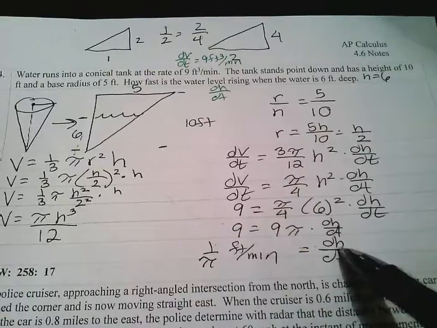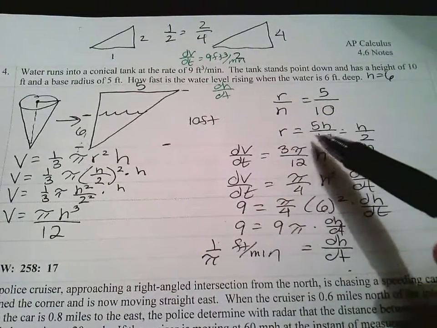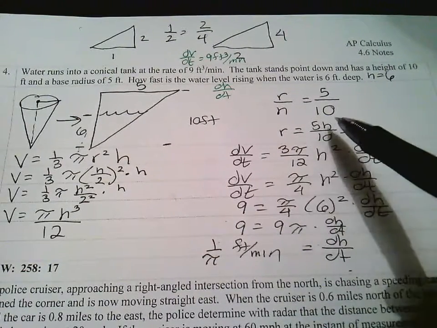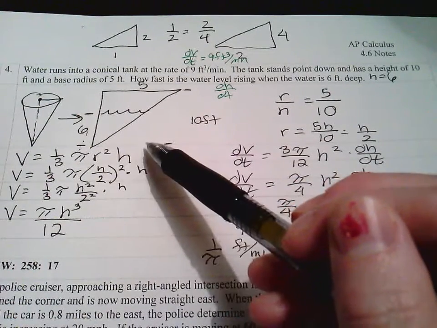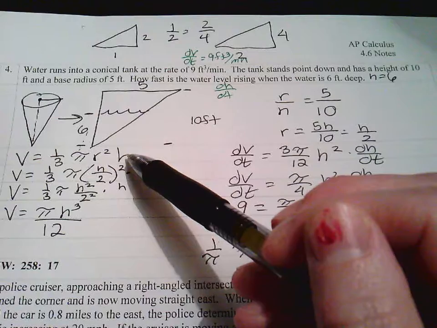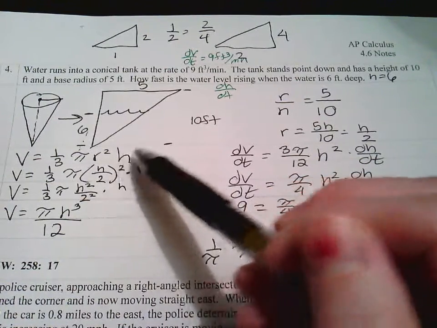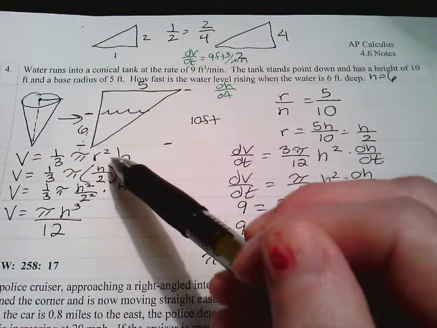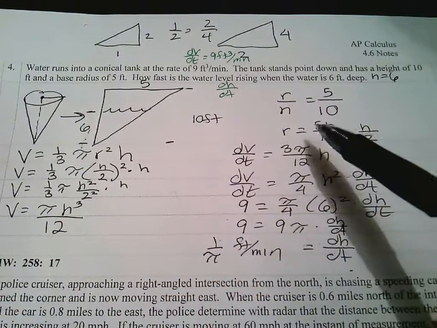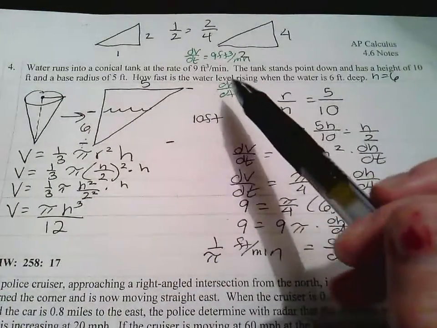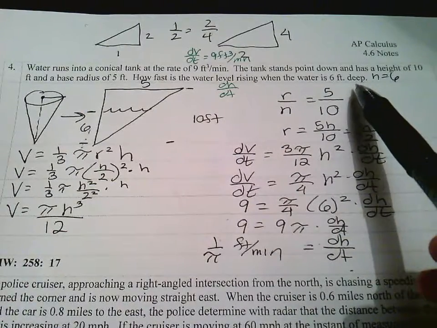Okay, so let's say you didn't know which one to solve for, h or r. It's different because you want h, because it's giving you the height. That's why you solve for r here, because with the height rising, h equals 6 here.